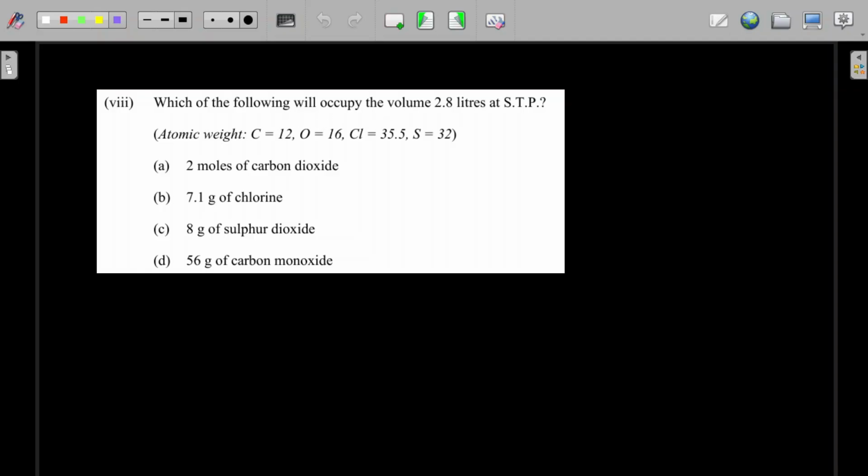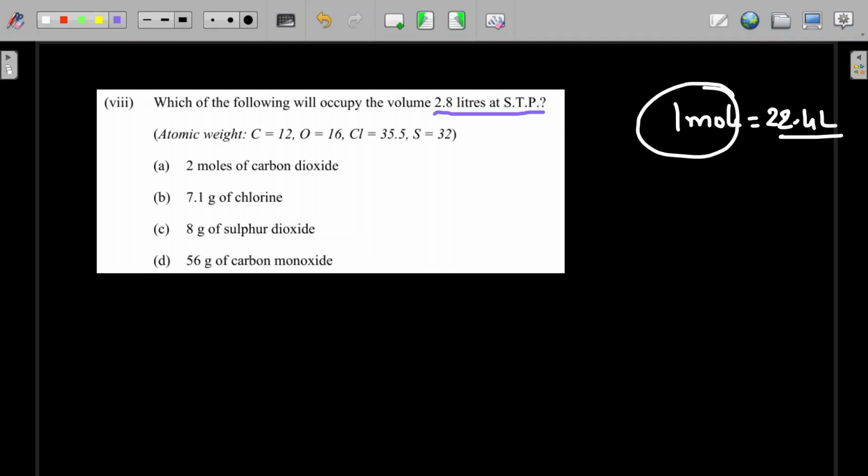Which of the following will occupy the volume 2.8 liters at STP? Now, see, STP they have given, and 2.8 liters at STP. So 1 mole will occupy 22.4 liter at STP, correct? So 2.8 liters, it should be less than 1 mole.